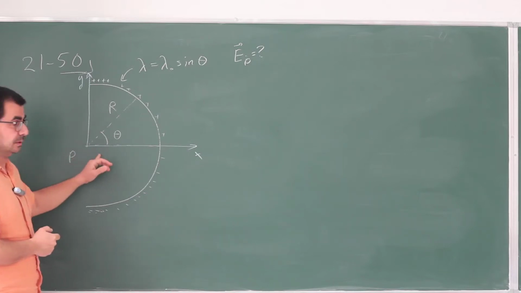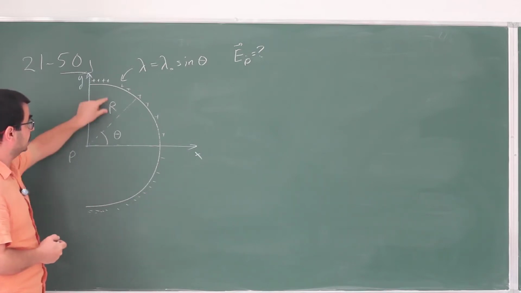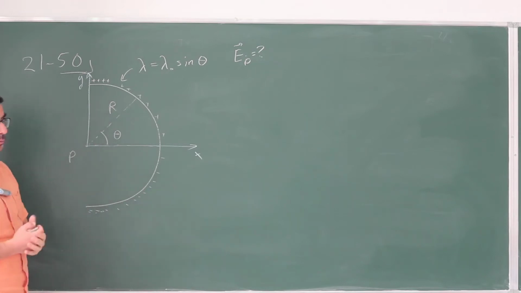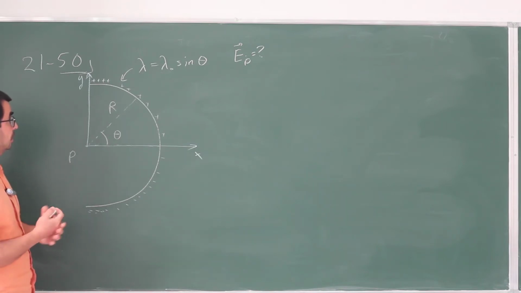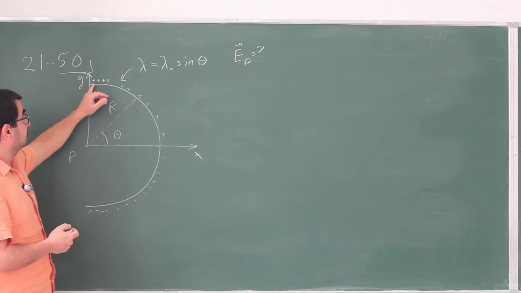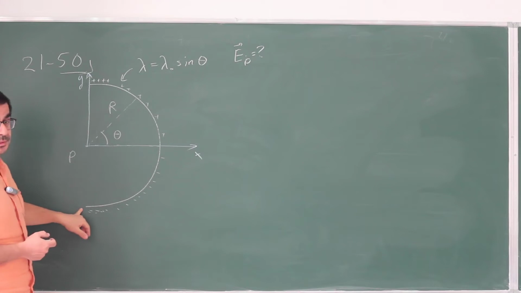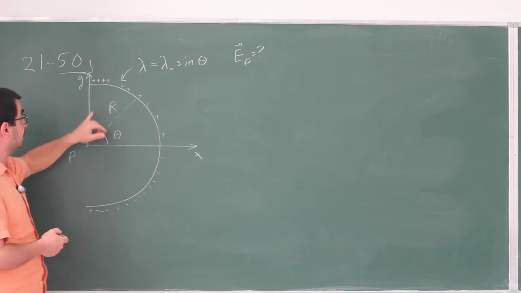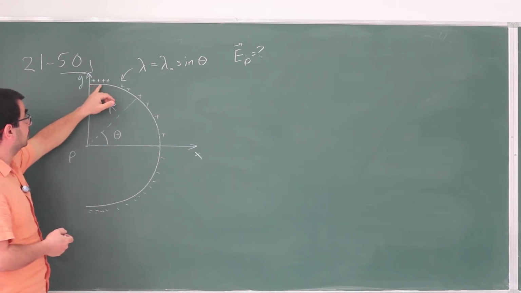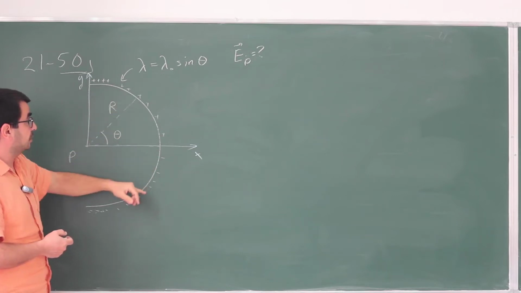But here we're looking at the point at the center, so this is easier because they're all equidistant. So we don't need to calculate the variance with respect to the distance, whereas for a rod, you generally need to do that. But here, the electric field produced by each of these points is going to be different, simply because the charge from each point is going to be different.